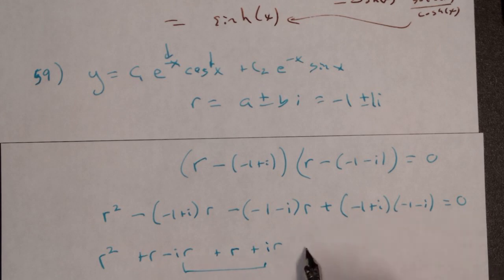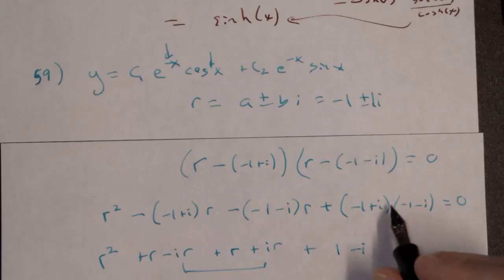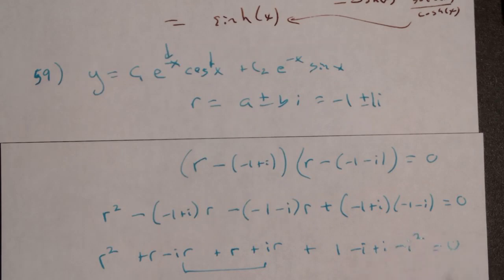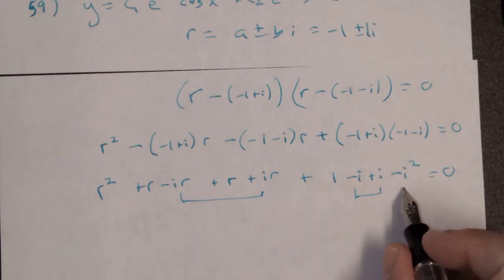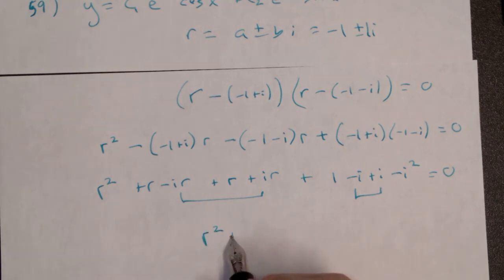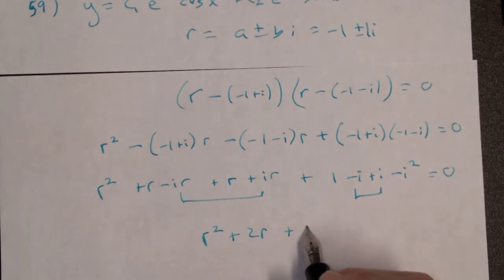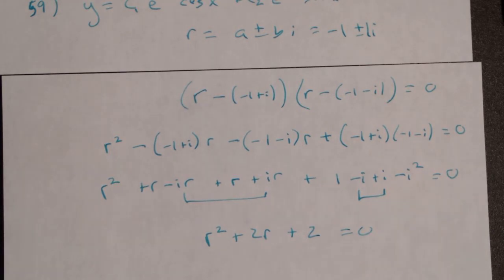And when I multiply this out, I get 1 minus i plus i minus i squared. What's i squared? Which makes this 1. So these cancel. This becomes a plus 1, and I get r squared plus 2r plus 2 equals 0.